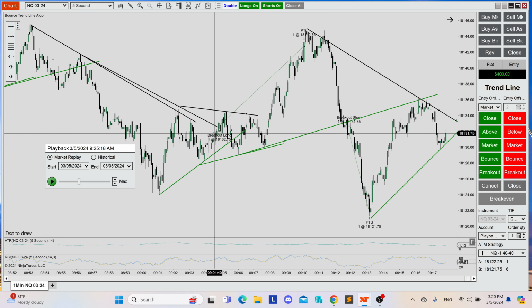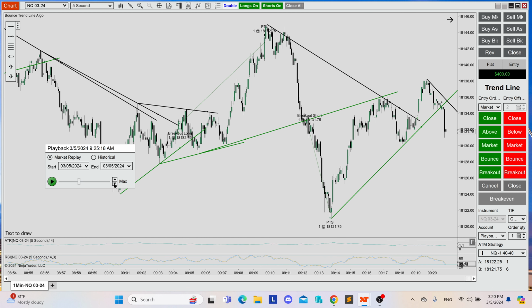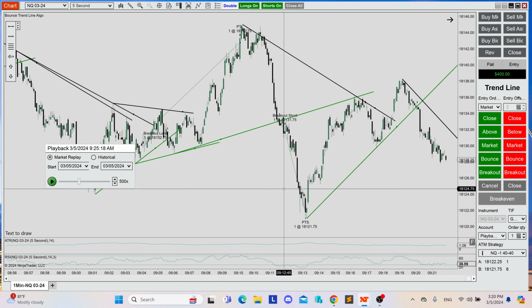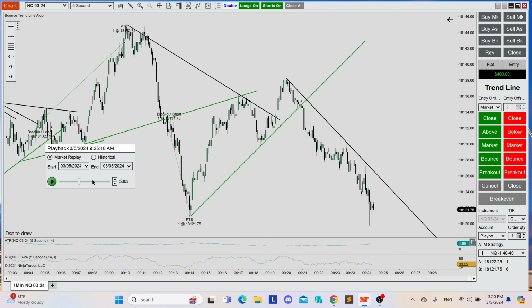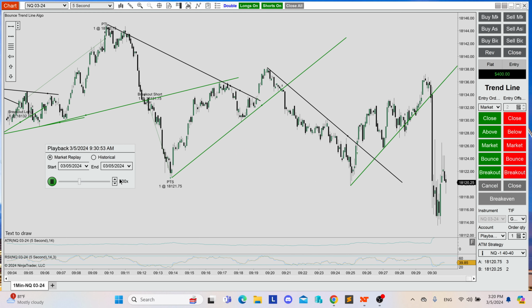So here was one trade where it broke this line, went long, and then immediately it broke this line and it went short. So that was two trades within several minutes. So here comes the opening.